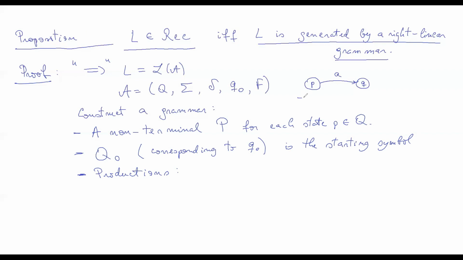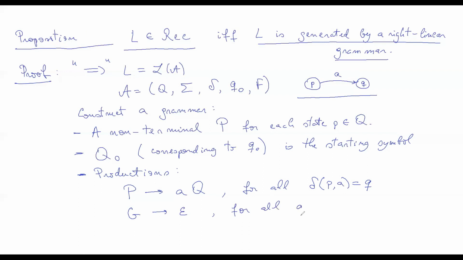Whenever you see a transition of this type, P goes into Q with A, I'm going to have capital P, I will have this production, for all these situations, delta of P and A goes into Q. And also I'm going to have G goes into epsilon for all situations where the state corresponding to capital G was a final state.